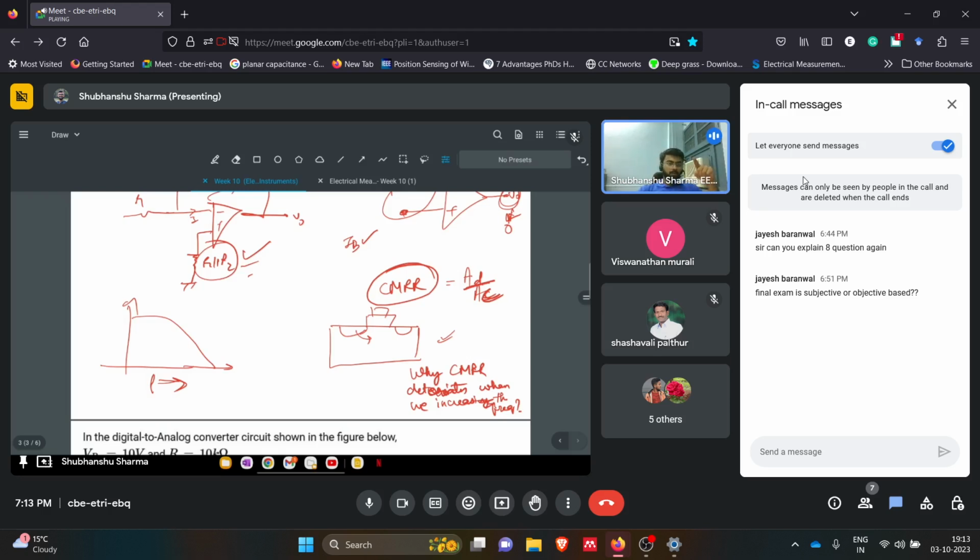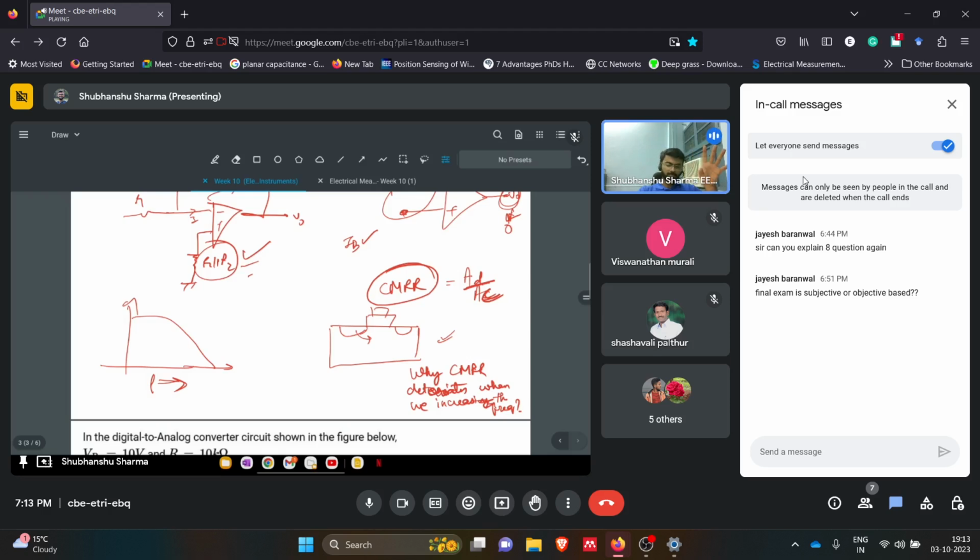Based on exams, although everything is important, I may say that questions on ammeter and voltmeter will definitely come. Then obviously operational amplifiers, you will get one or two questions, but those are easy.